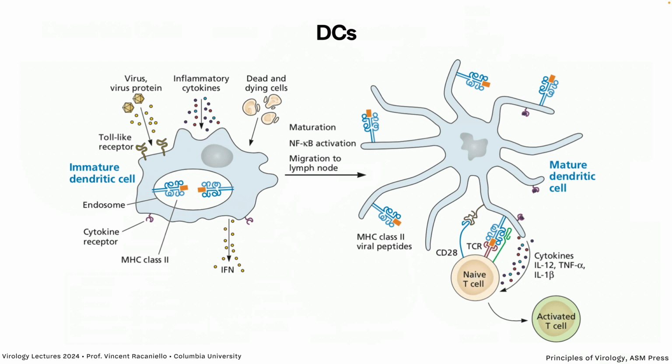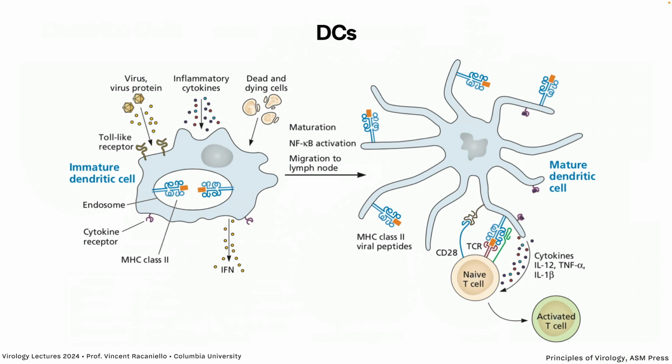And MHC2 is the cell surface protein that's going to present peptides that the DC has picked up from virus proteins, dead and dying cells, and so forth. These are processed in the DC and chopped into small peptides and loaded onto the MHC2, and eventually those MHC2 go on the surface of the DC.